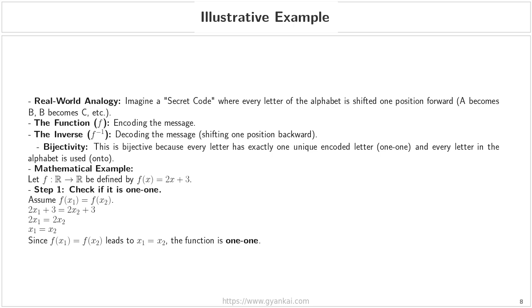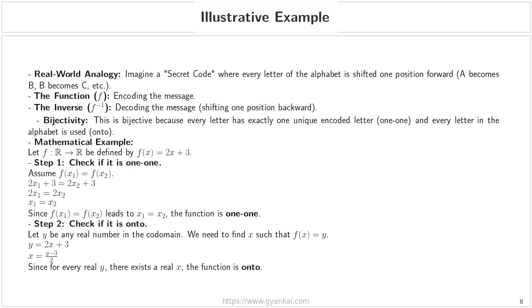This gives us the equation 2x1 plus 3 equals 2x2 plus 3. By subtracting 3 from both sides, we get 2x1 equals 2x2, and by dividing by 2, we find that x1 equals x2. Because the assumption that the outputs are equal leads us to the conclusion that the inputs must also be equal, we can confirm that the function is 1-1.